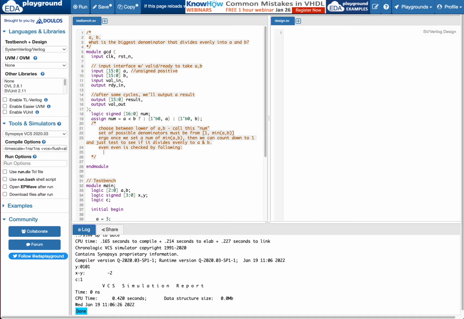Even division is checked by the following. Namely, first, take a minus num, and this will be vacuously true for the first num, if, each cycle, if 0, then check, go to 1b.